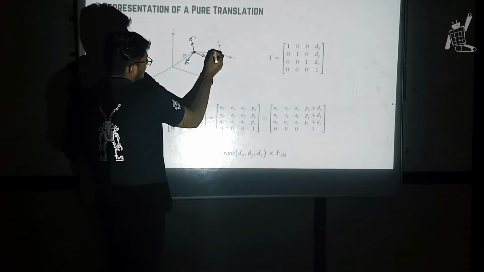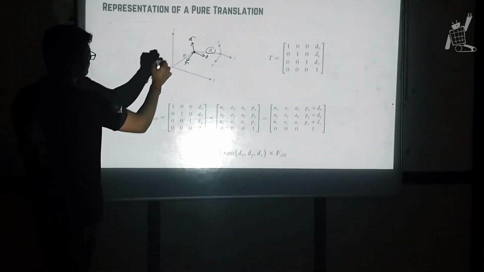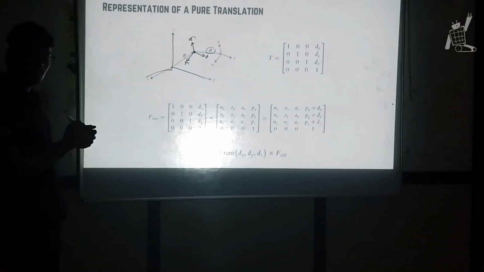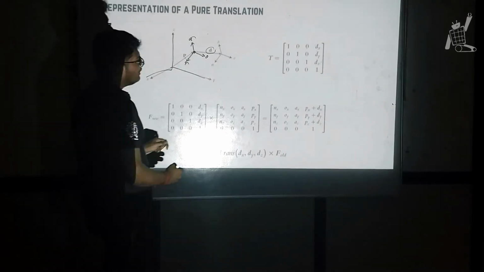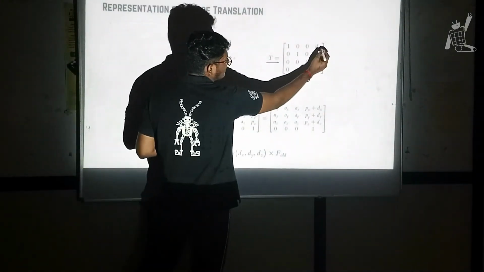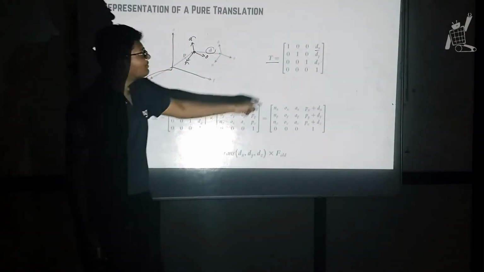Let it undergo further translation, let it be D, with respect to this fixed frame. This is the fixed frame. All these things are happening with respect to the fixed frame. So let that translation, that D translation from here to here, be represented by distances dx, dy, dz. Why do these become 1, 1, 1?